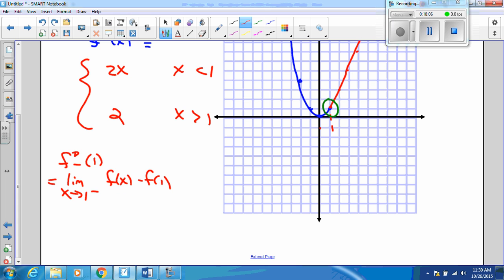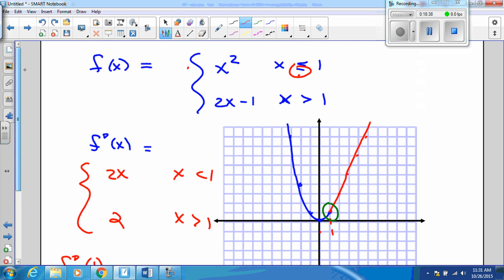First of all, our form. And the form should be the limit as x goes to 1 from the left of the piece that applies when x's are less than 1.